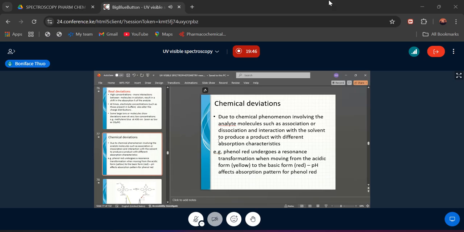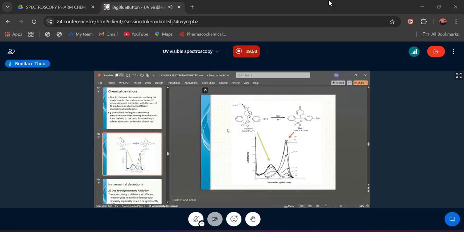We've given an example there of phenol red. This is phenol red in basic and acidic medium. In acidic medium, the colors are actually different, and in basic medium too.